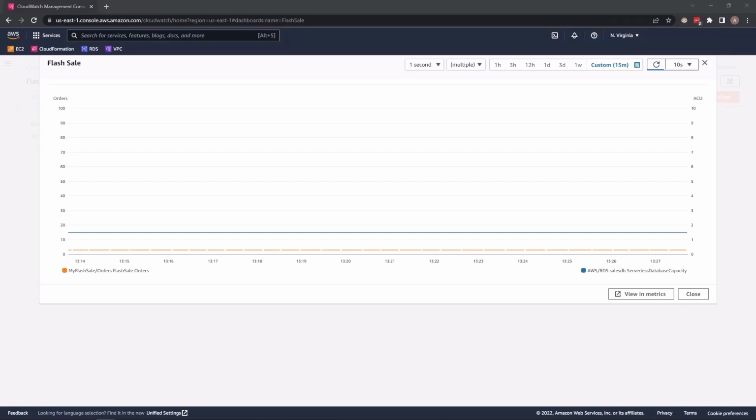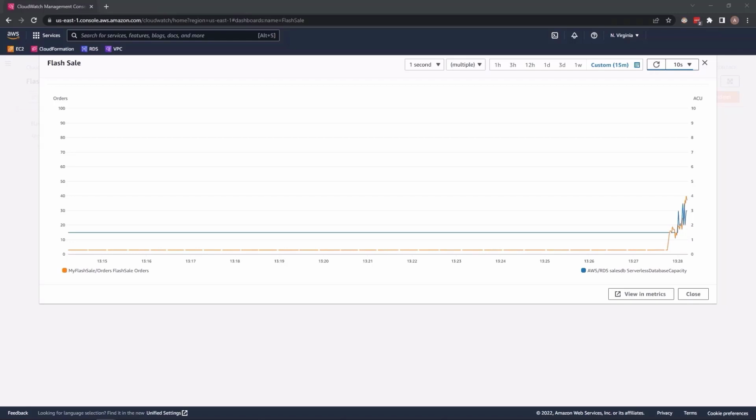Now, the limit that we have set on ACU is that the lower bound here is 1.5 ACUs, and the higher bound is 9 ACUs. As you can see, the workload starts to spike, the orange line is spiking, and as soon as the workload starts to spike, the blue line, which is our ACUs, immediately starts and catches up to that workload.